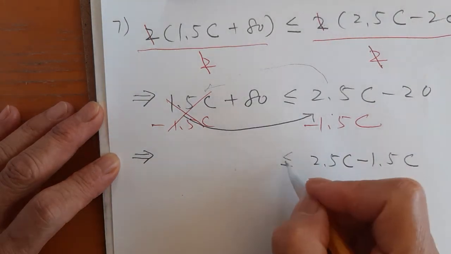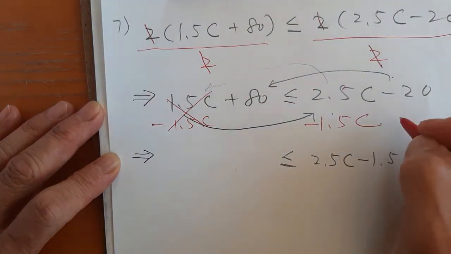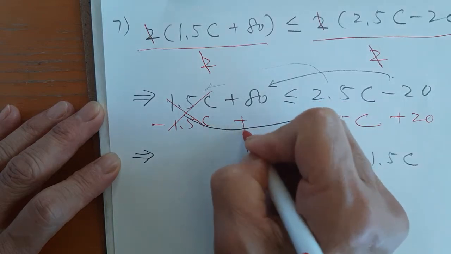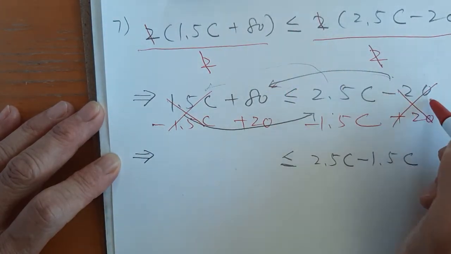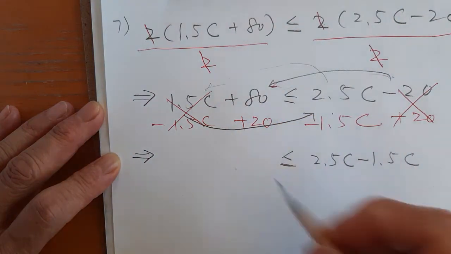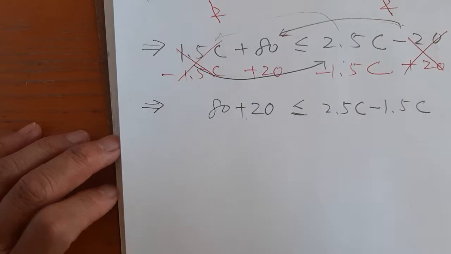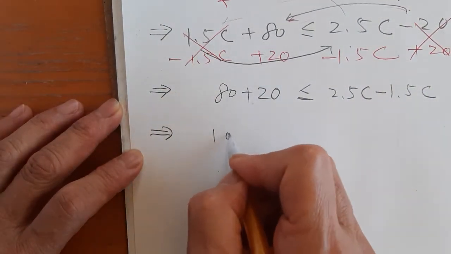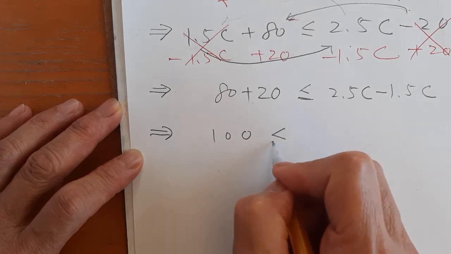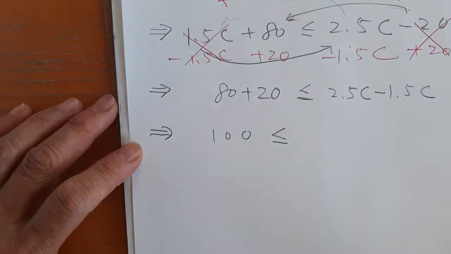And the other one, move this to this side. The reason is because you add 20 to both sides. The shortcut way is move over, minus 20 changes to plus 20. So it's move over, change the sign. So then you get 80 add 20 is 100, less than or equal to 2.5C minus 1.5C.